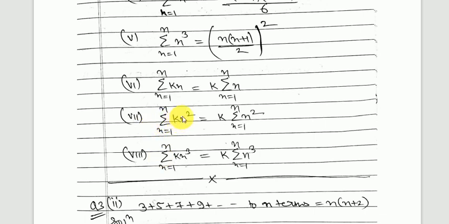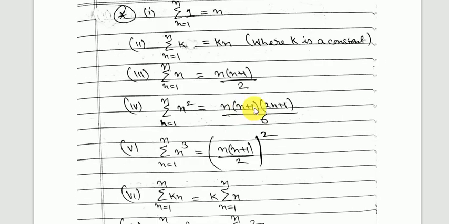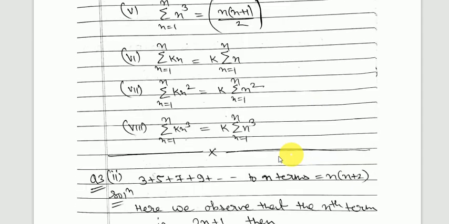Summation of kn square where n is equal to 1 till n, k is constant so it comes out, and you are done with this. And this, you know, is nothing but n into n plus 1 into 2n plus 1 upon 6.